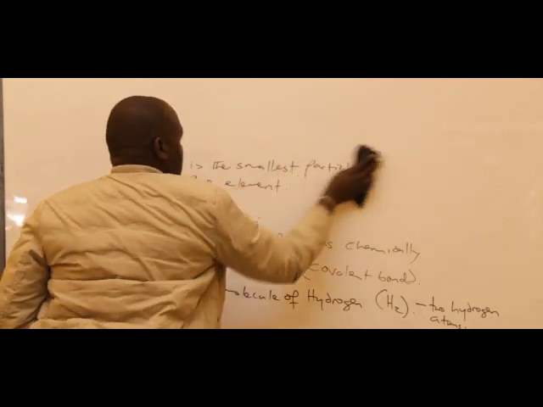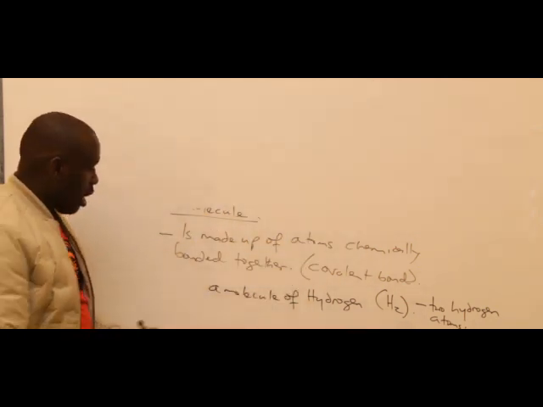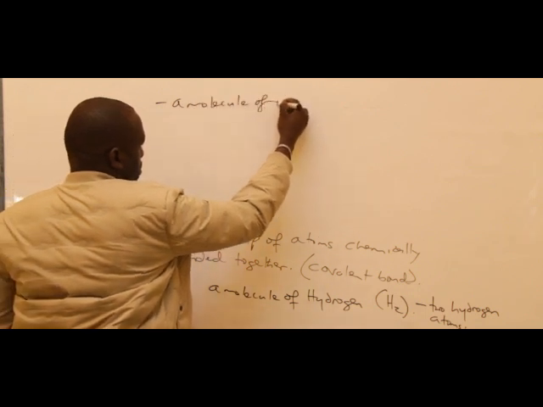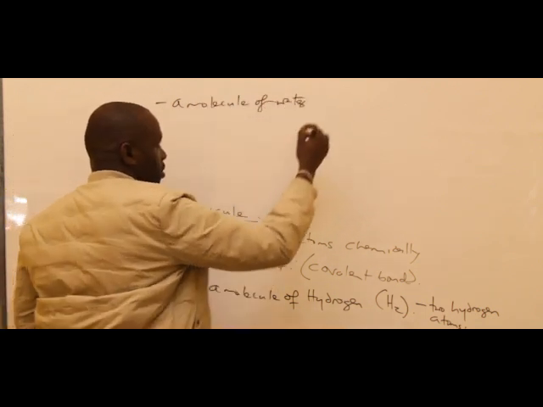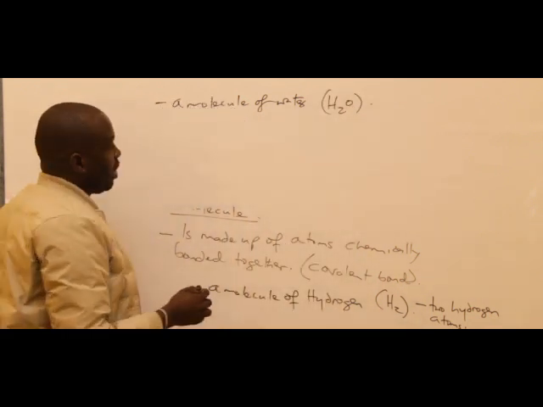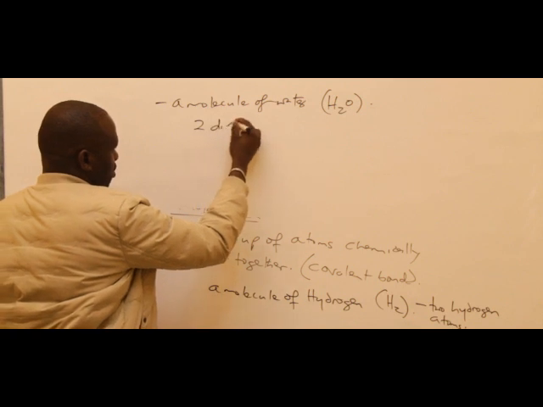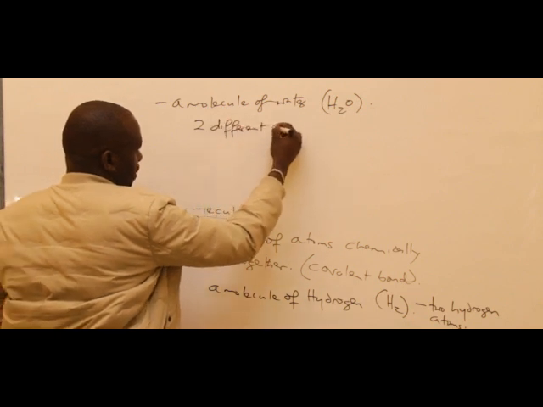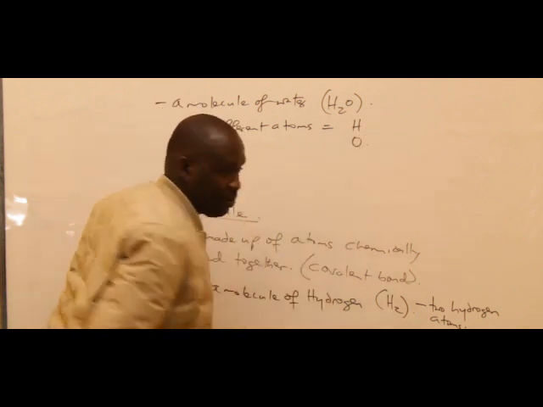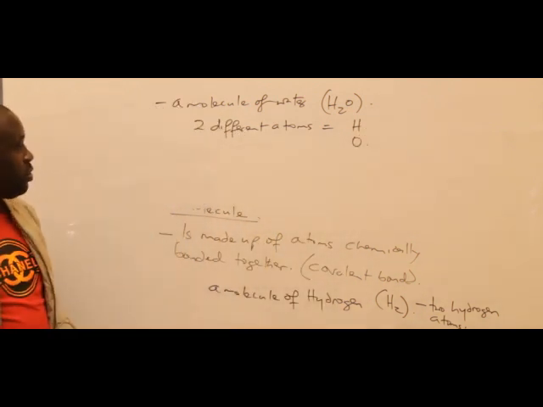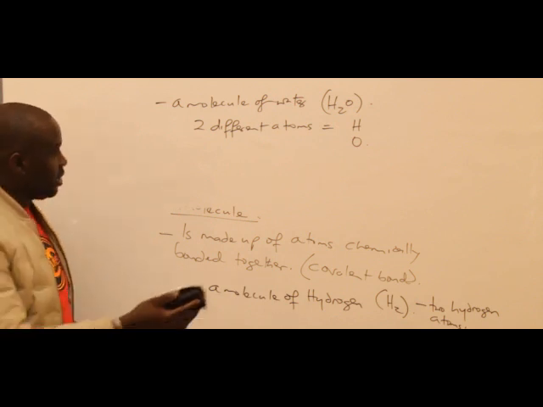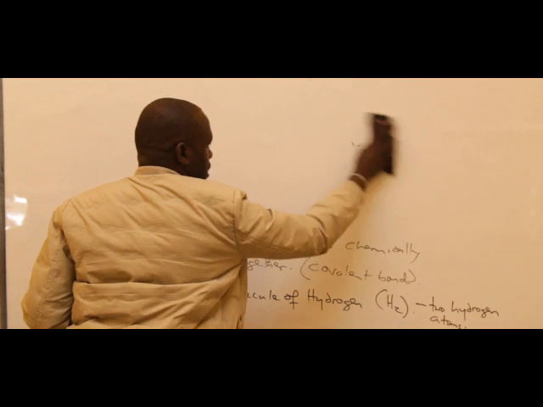We can also give an example using a molecule of water, written as H2O. A molecule of water is made up of two different atoms, that is hydrogen and oxygen, chemically bonded together using covalent bond. So that is what an atom is and what a molecule is.